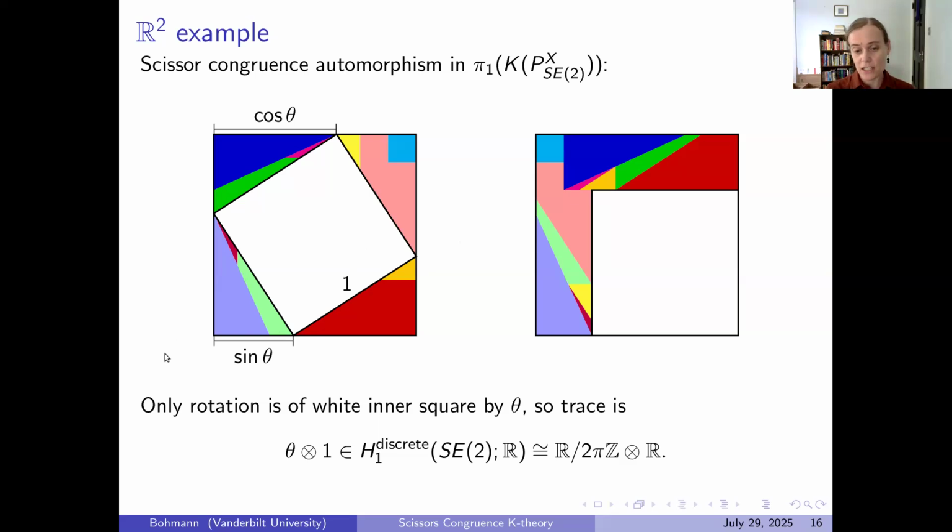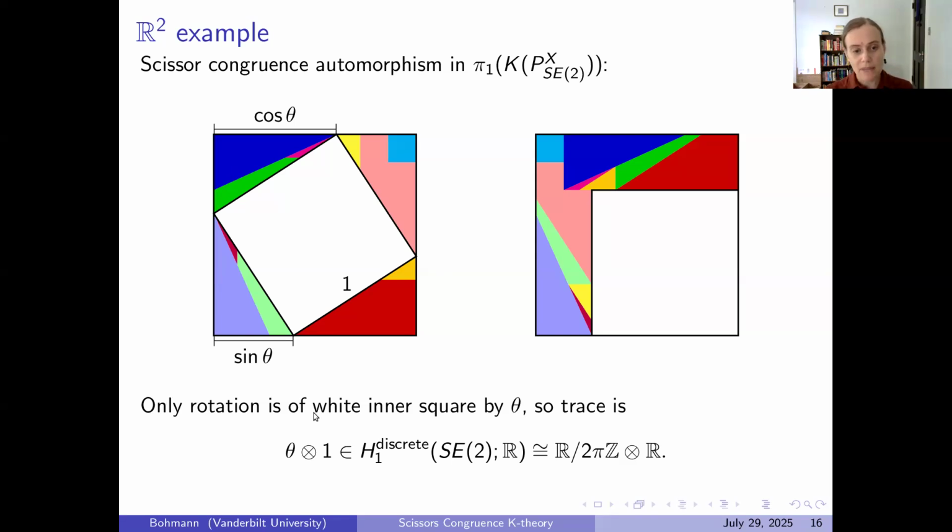So under our trace, the only thing we're going to see in the first tensor factor, the R mod Z factor, is what's coming from rotating this white square. All the other moves that went into comparing our two different scissors congruence decompositions are translations, and so they don't show up in this left tensor factor.